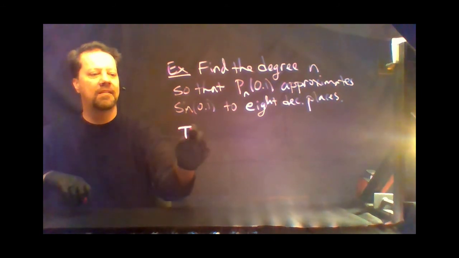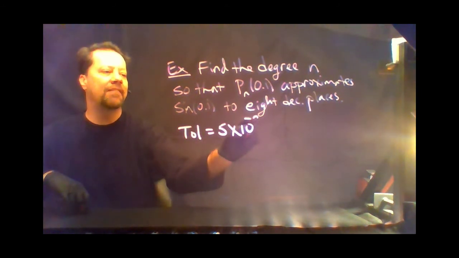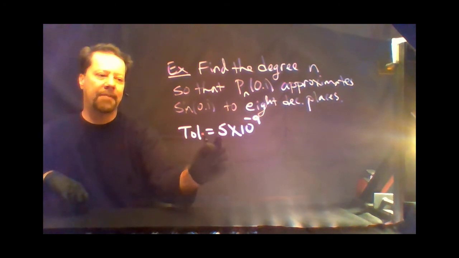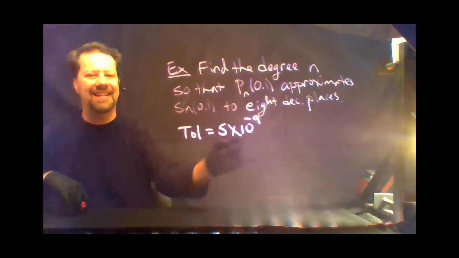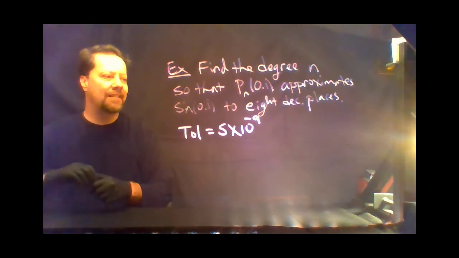In this case, our tolerance for error is 5 times 10 to the negative 9. We can be off by less than a 5 in the 9th decimal place in order to have the correct value in the 8th decimal place.